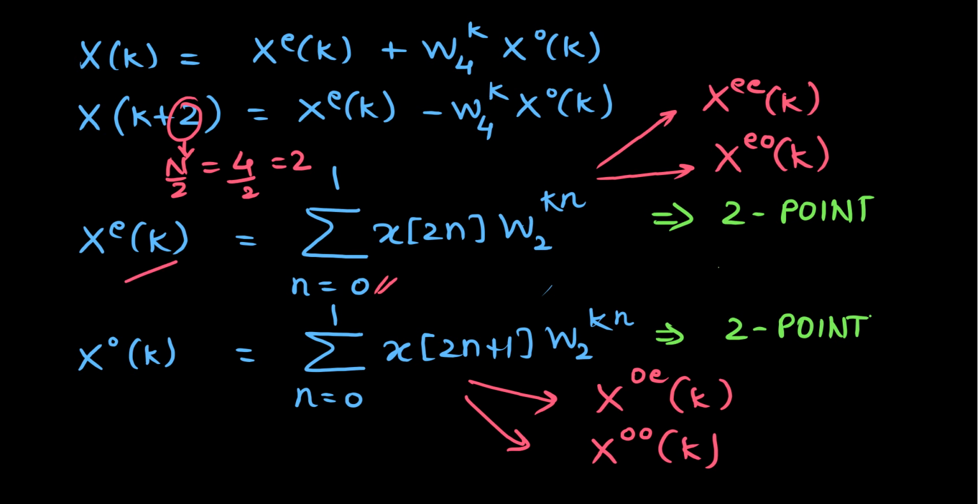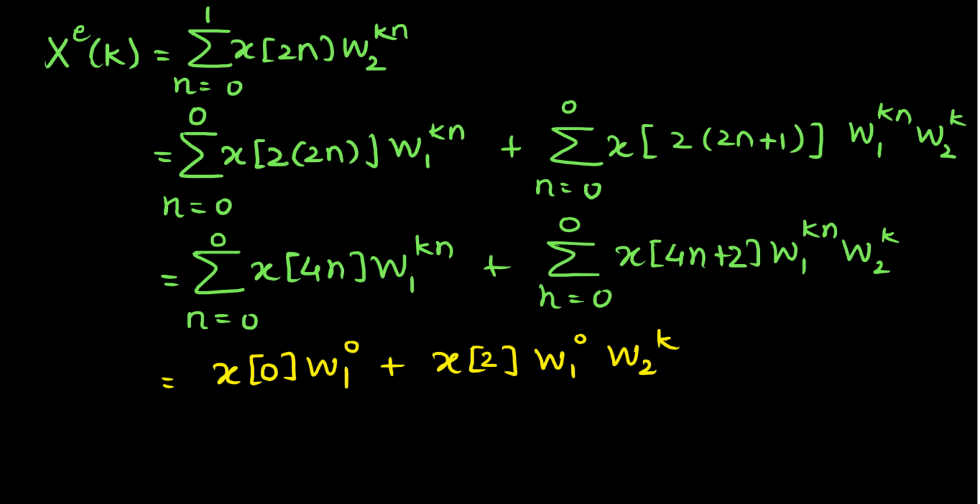So let us first consider this part here. We had found that X even of k is given as summation n running from 0 to 1 x of 2n W2 to the power kn. Now when we split it into two parts, for even this n is to be substituted by 2n, and for the odd part this n is to be substituted by 2n plus 1.